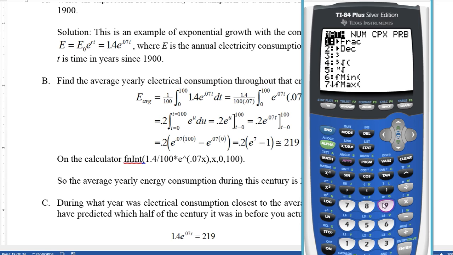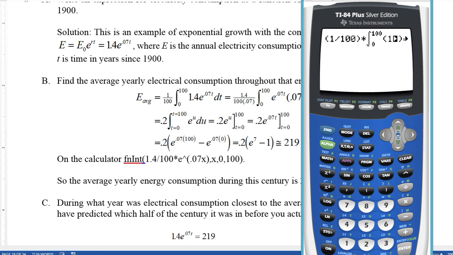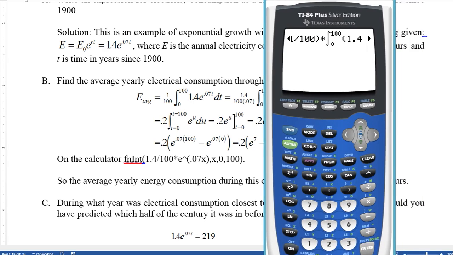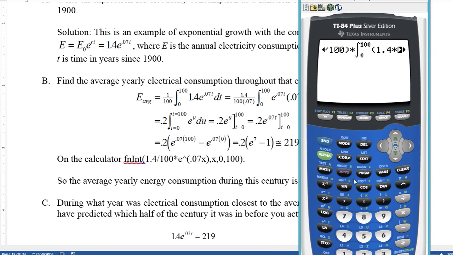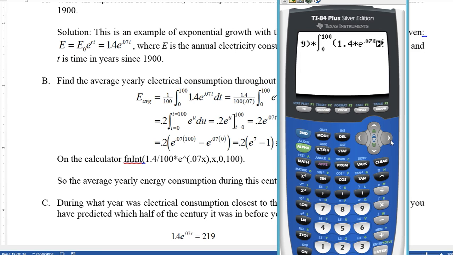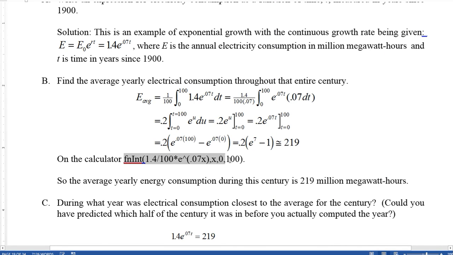Now that's times the integral, math 9, from 0 to 100, of, now put in our formula here, 1.4 times e to the power 0.07 x, and that's with respect to x, that blank, or enter it in like this in the older operating system.